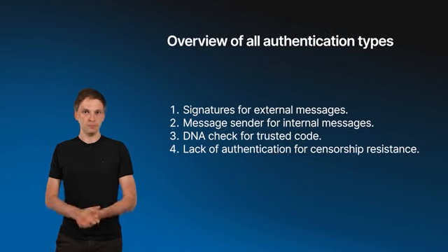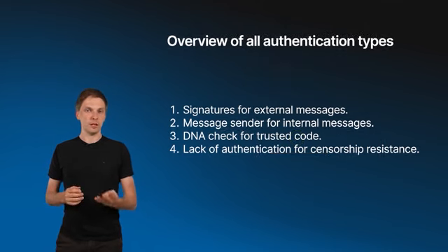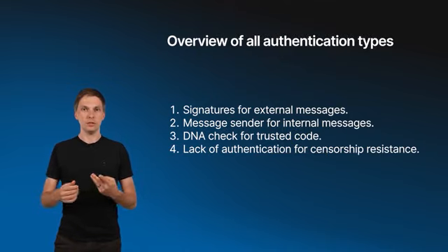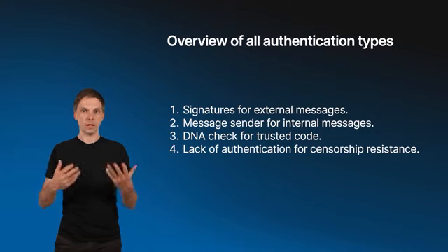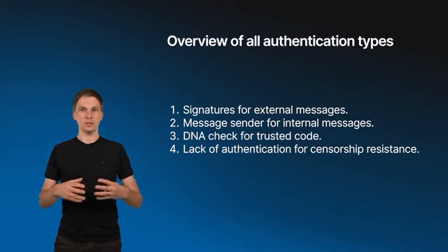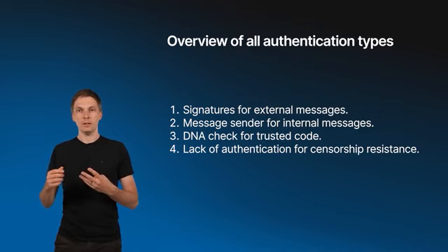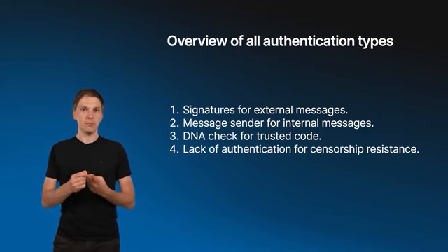So to recap, there are four types of authentication in TON. There are signatures to authenticate external data, external messages from actual humans or systems outside the blockchain. There is authentication by a message sender in the internal messages to differentiate different roles.